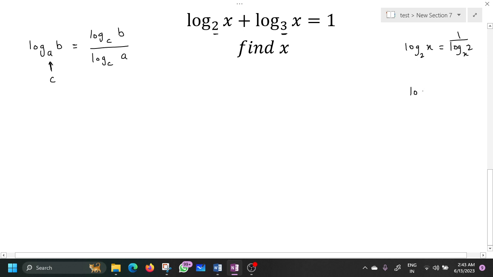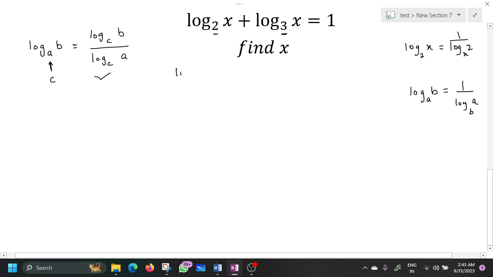If there is log base a of b, then this is equal to 1 upon log base b of a. If we change them, both the logs will have the base x, but I am using this one. So let's see how we can solve it in both ways. You try the right hand side way and I'll try the left hand side way.